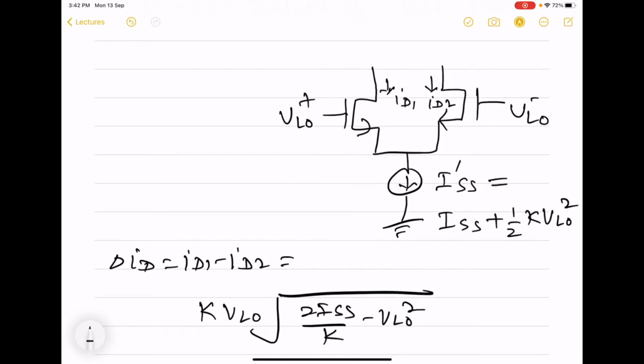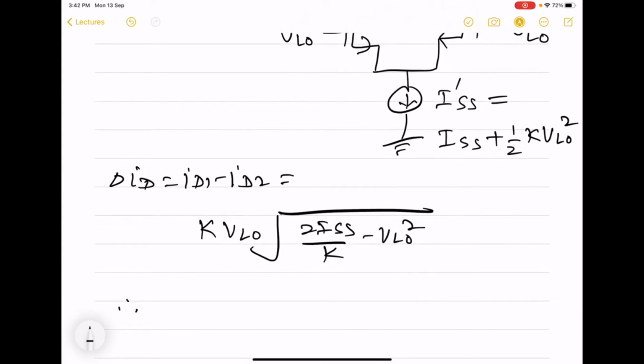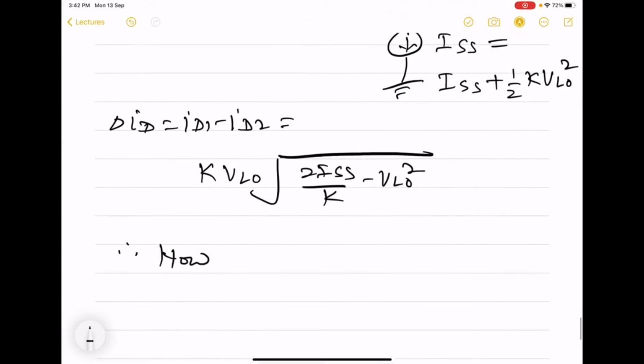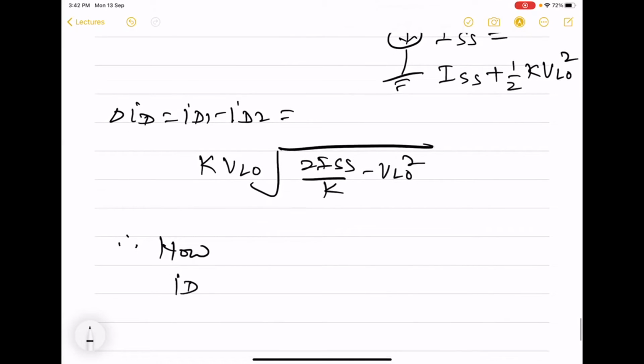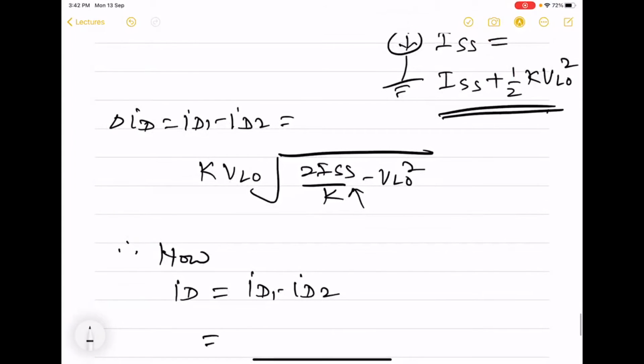So suppose now this is the kind of tail current we have here. Therefore, the difference of drain current is going to get modified to a new equation. So here in place of ISS, we will write ISS dash, and ISS dash has this expression.